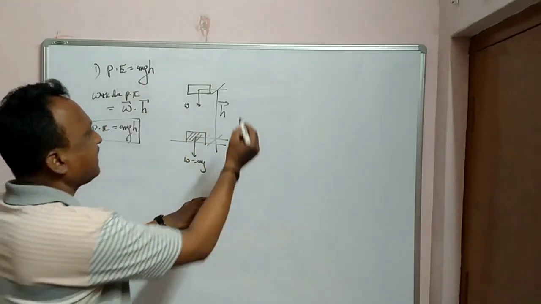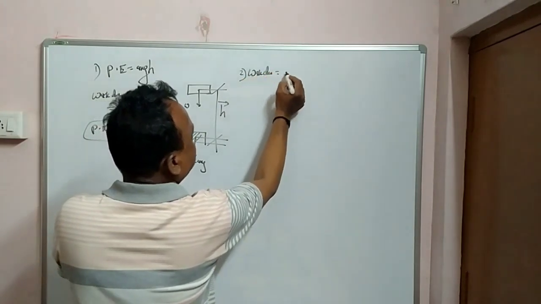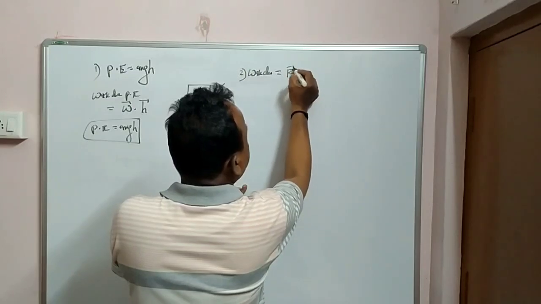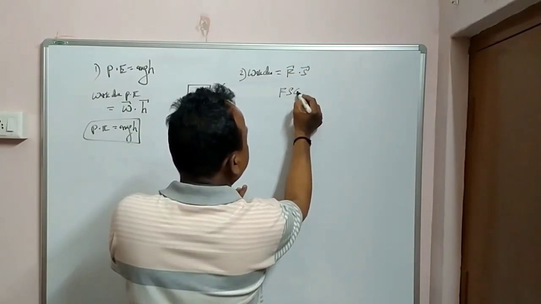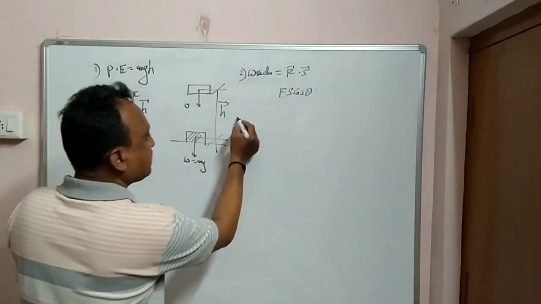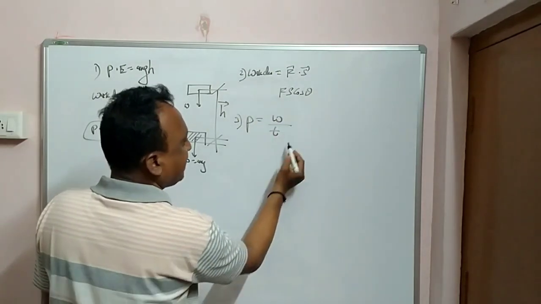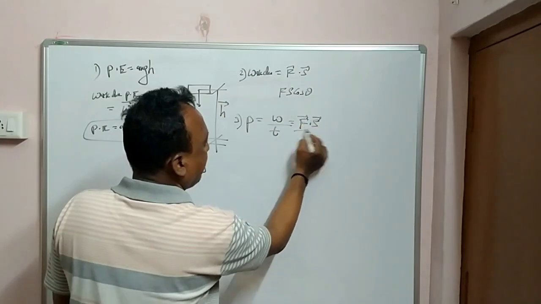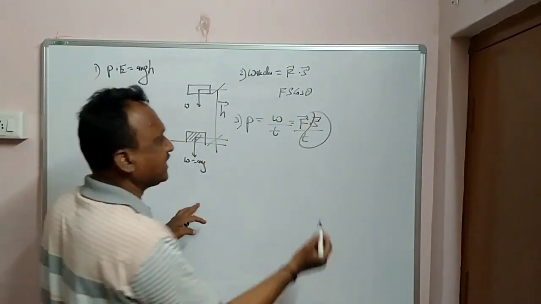And you can also take work done, because work is a scalar quantity. Force dot displacement, that is Fs cos theta. This is the second application. The third application you can take is power. Power is nothing but the rate of doing work, W by T. And what is work again? F dot S by T. And what is S by T? Rate of displacement, velocity.